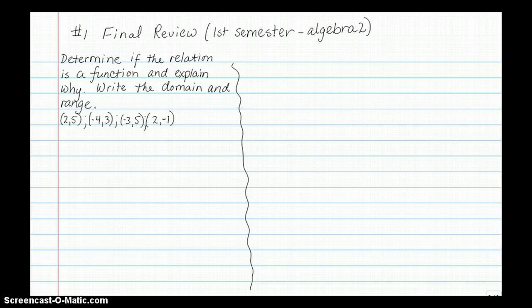Okay, the next part of the review is to determine if the relation is a function and explain why. You need to also write the domain and range.